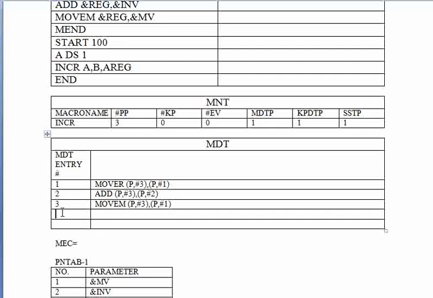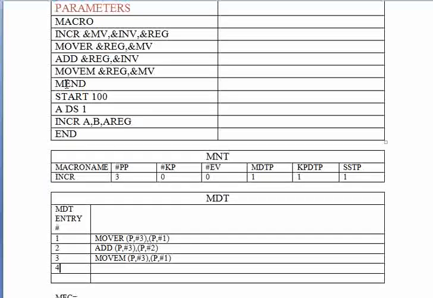Next we increment the pointer by 1, and then we look at the next line which happens to be MEND, and this MEND is also included as a part of MDT, which indicates that the macro INCR is now complete. This MDT value is updated. If you have a next macro, then its MDTP will have the value 5, saying the body of that second macro begins at position 5, because MDT is common for all the macros. The data structure is common for all the macros.